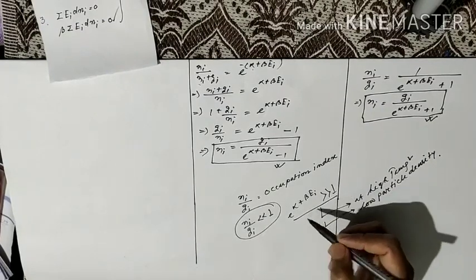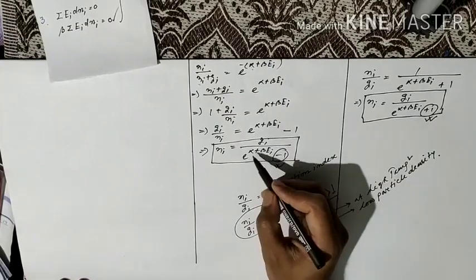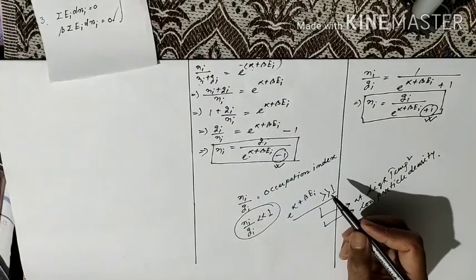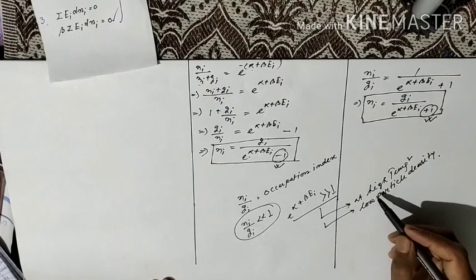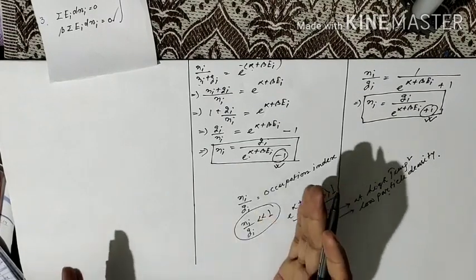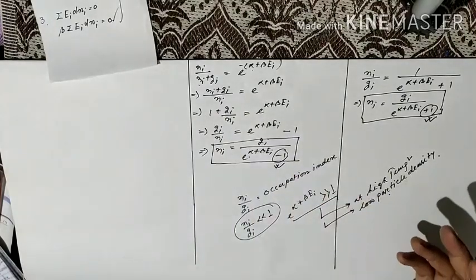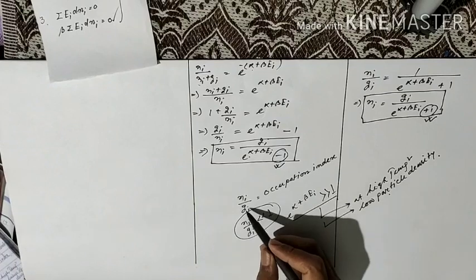Under this condition, if you remove this part and this part, then both distribution laws become the single one, Maxwell Boltzmann statistics. Or at very high temperature or low particle density, we can say that quantum statistics moves towards classical statistics. What does it mean?